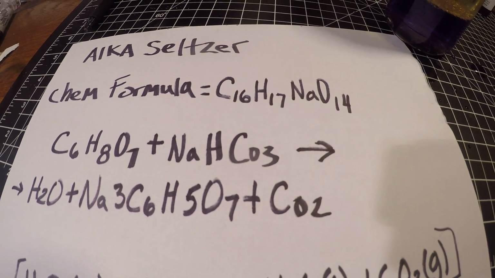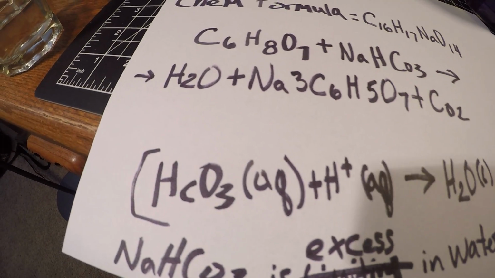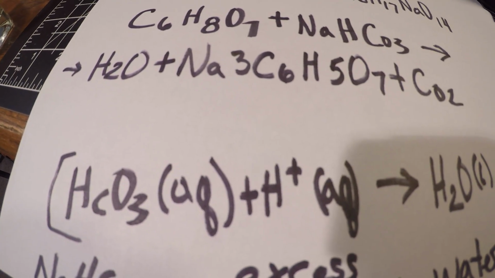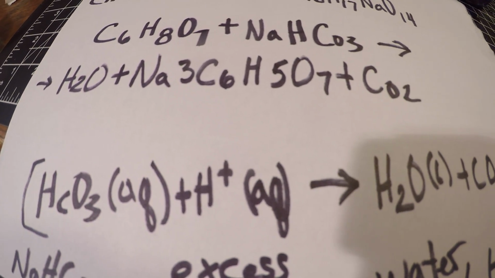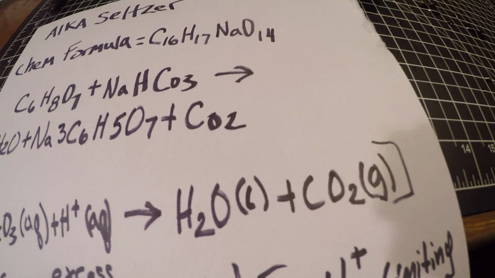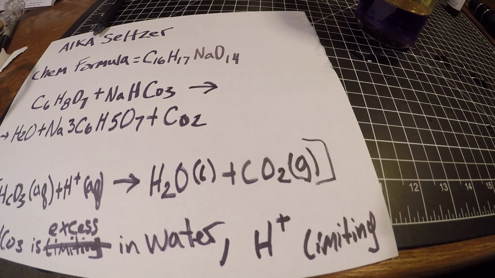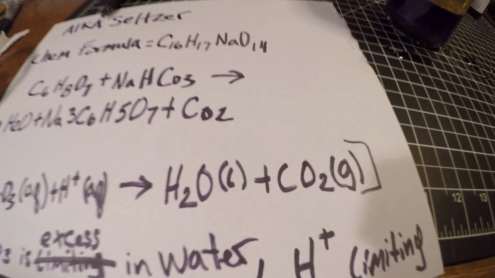And what we're truly looking at, the reaction that you're really seeing, is this right here. The water to CO2 is the product that we're going to observe taking place. So here we go.